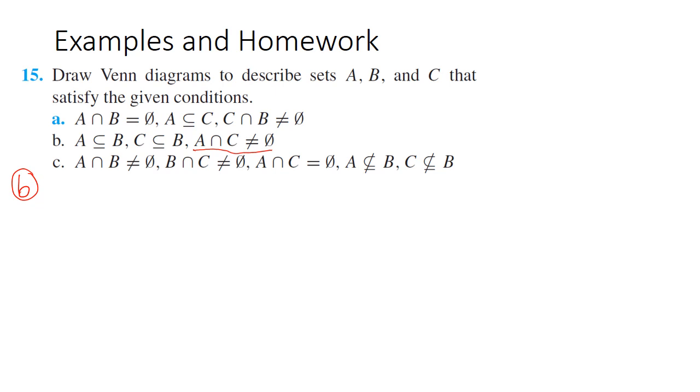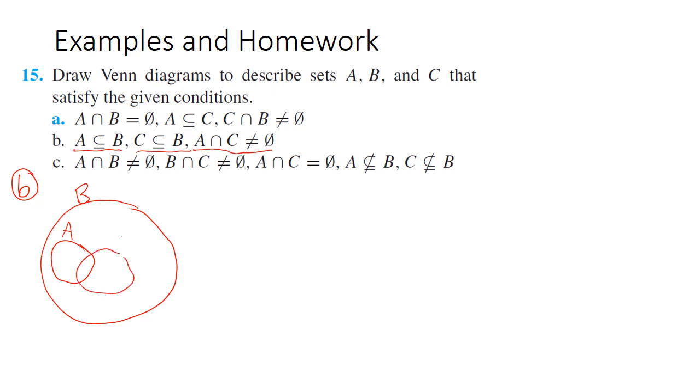So let's try drawing this. A is going to be inside of B, C is going to be inside of B, A and C overlap a little bit. So here's B that contains both A and C, and I can put A here, and then I just need to make sure that C overlaps with A a little bit.